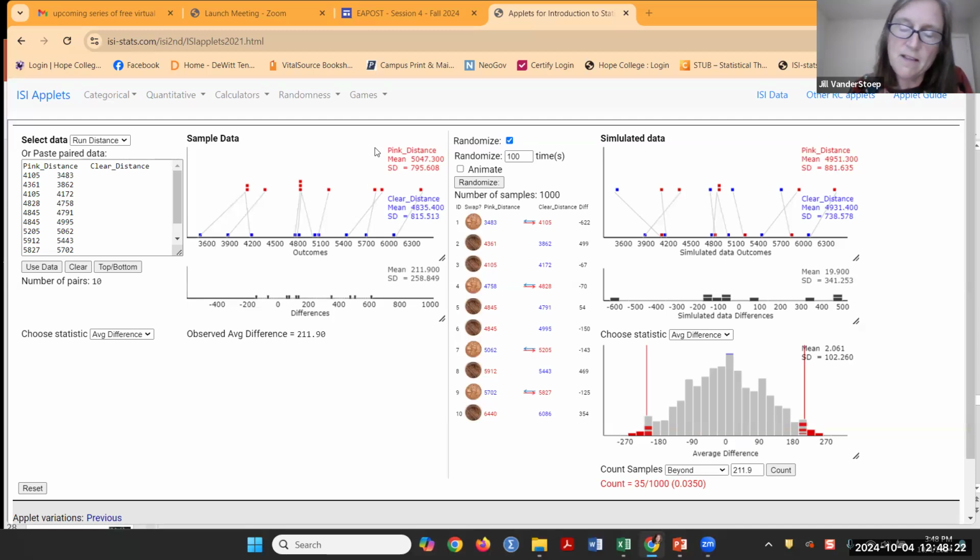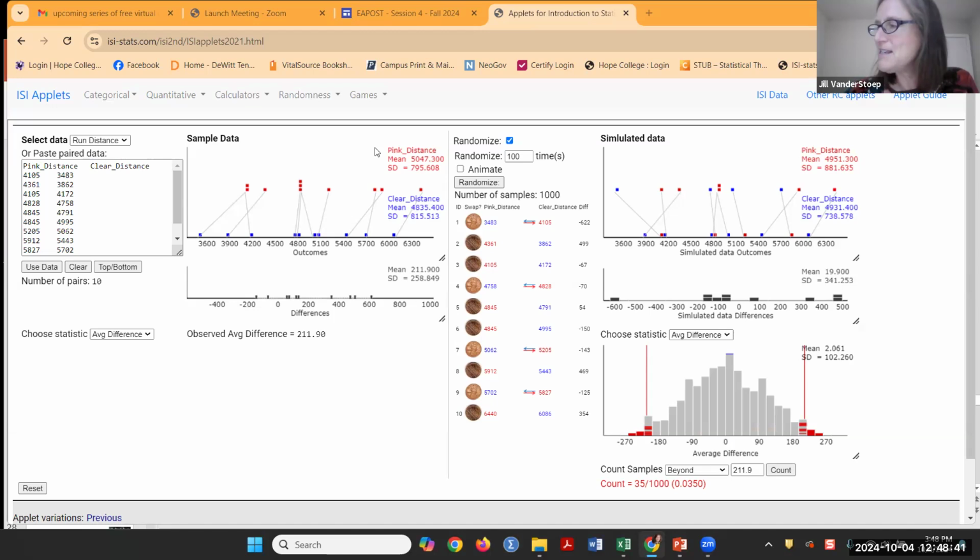And I've got a confidence interval that runs from roughly 7 to 415. So I can even conclude further which of those colors is on average showing a longer distance to have been run.